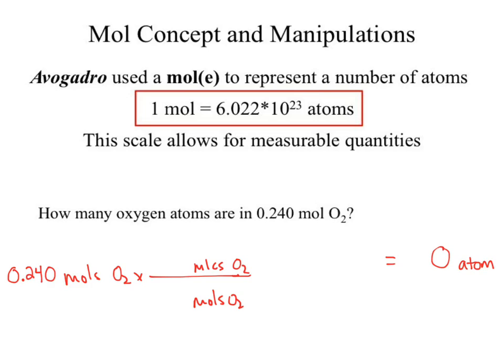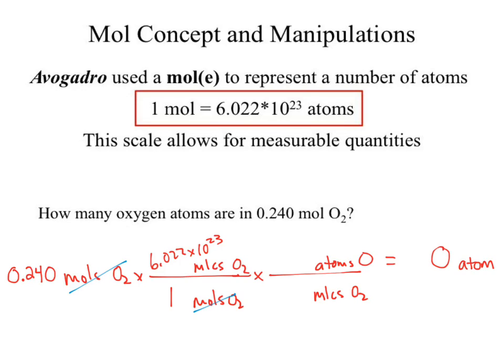I want a unit. Molecules of O2. It's a good thing I left myself lots of space. Times 10 to the 23rd molecules of O2 is equal to 1 mole of O2. So what unit am I now in? Molecules of O2. Is that the same thing as oxygen atoms? No. So I now need molecules of O2 to cancel with atoms of O.